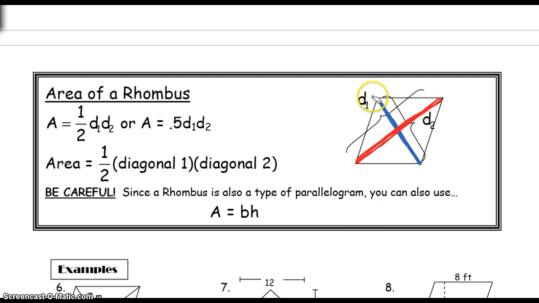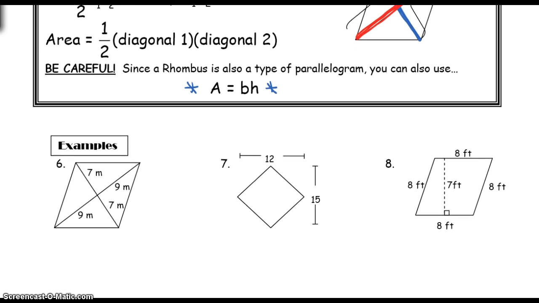If I do diagonal 1 times diagonal 2, and I divide it by 2, I have the area of a rhombus. Since a rhombus is also a type of parallelogram, you can also use base times height. I want you to keep that in mind when you're doing your problems. And if you run into a situation where the rhombus does not have information for its diagonals, you probably want to do base times height. Okay? So let's check out the problems we have below.